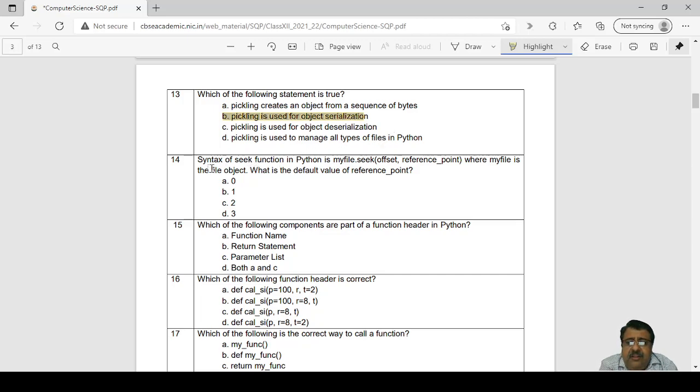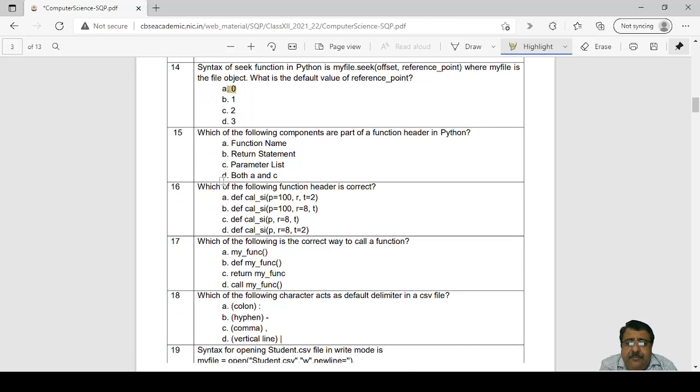Okay. Syntax of seek function in Python is myfile.seek(offset, reference point). What is the default value of the reference point? So the default value of reference point is 0. Okay. Question number 15.